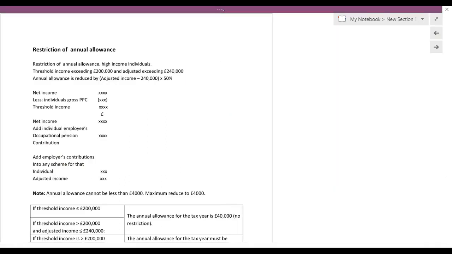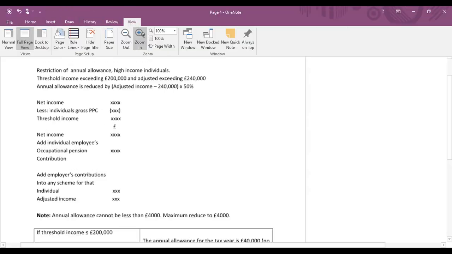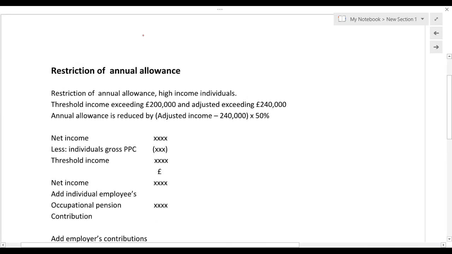Okay, dear student, now let's discuss another very important concept. We all know that annual allowance limit is 40,000 for pension. But for wealthy individuals, this annual allowance limit of 40,000 gets reduced as well.